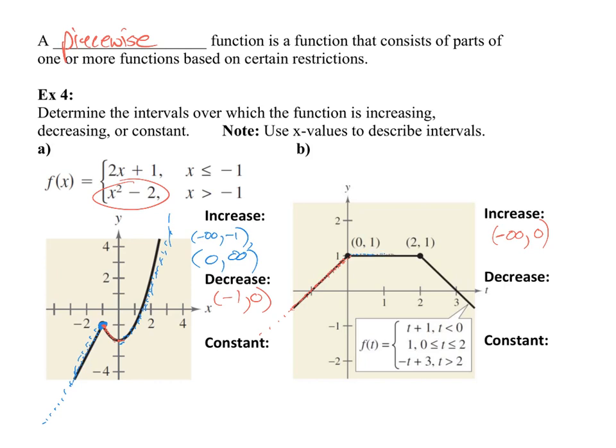It's constant the whole time through. So what are the x values here? It's from 0 to 2. It's constant. And then you have a decrease taking place here. It's going down. What are the x values for these points? It starts at 2, and then goes forever to infinity.